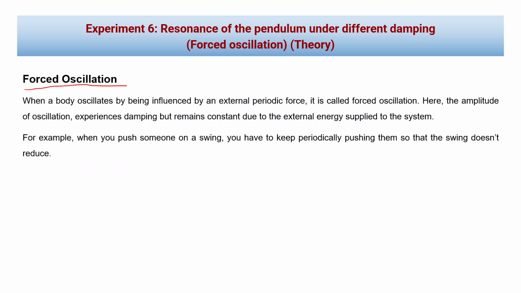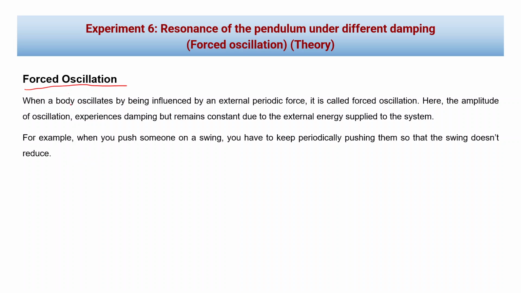In forced oscillation, we have a pendulum or an oscillating body to which we keep on supplying some force periodically. Because again it will start damping, but since we keep on giving it force, it will not stop, it will keep on oscillating.